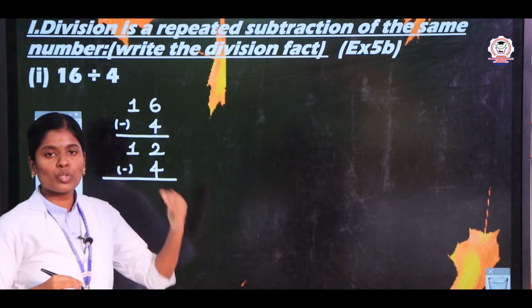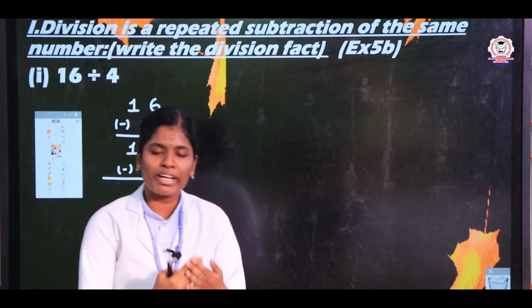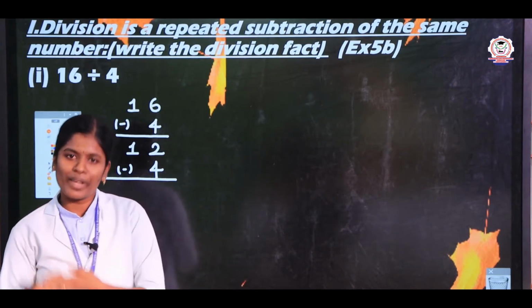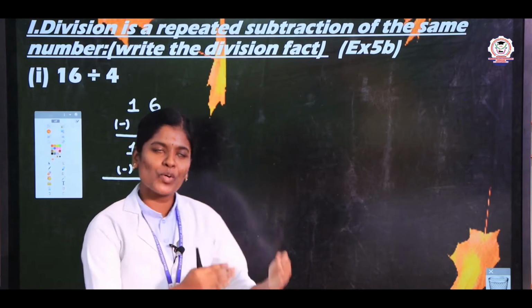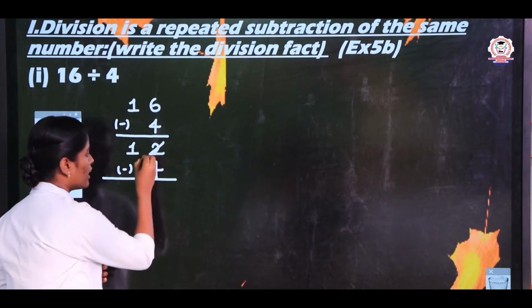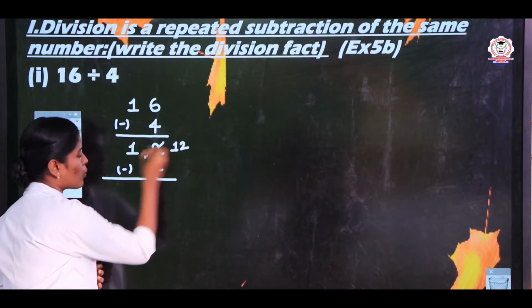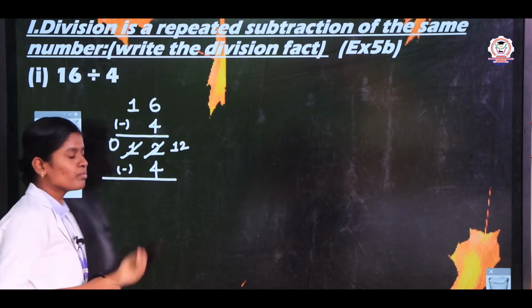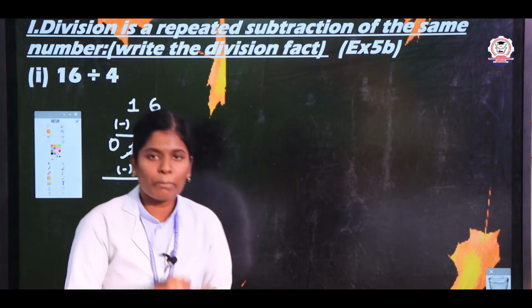Now you take 2 minus 4. Now tell me Kiran, 2 minus 4 is possible? Very good. It is not possible. 2 is changed into 12 and then this 1 will be changed into 0. Now you should subtract 12 minus 4.